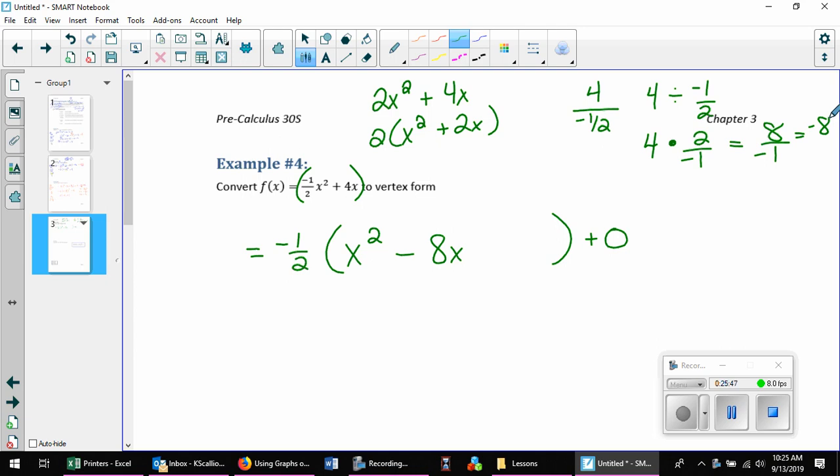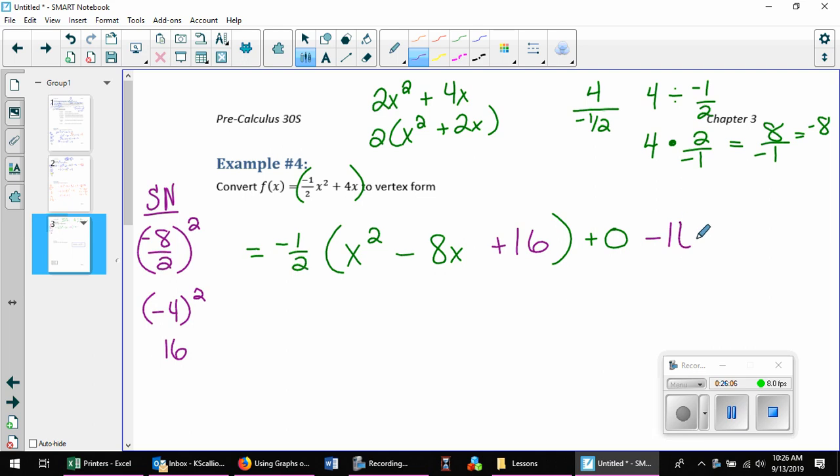Okay. All right. So back to this. A side note. So I'm going to take -8 divided by 2, square it. -4 squared is a +16. So +16 minus 16. What do I get to do to that -16? -1/2.